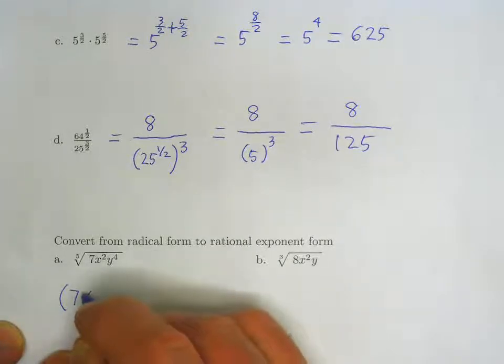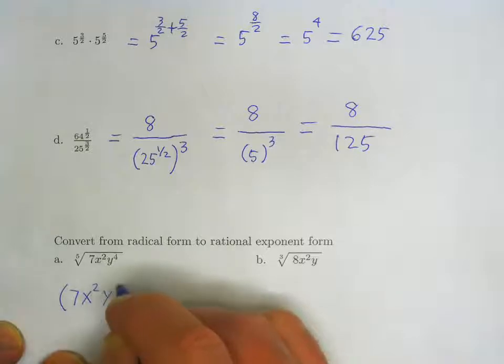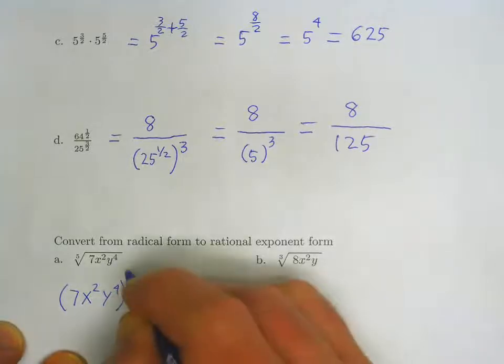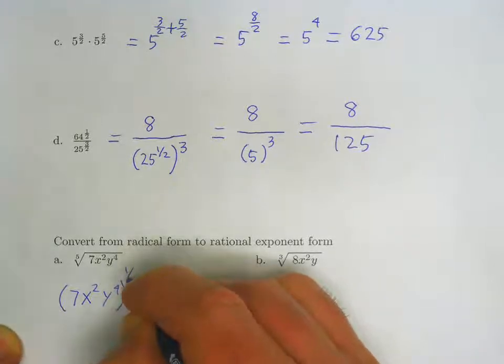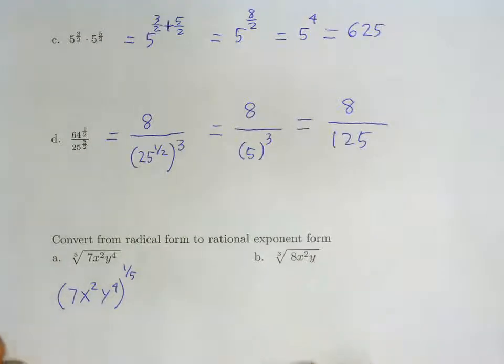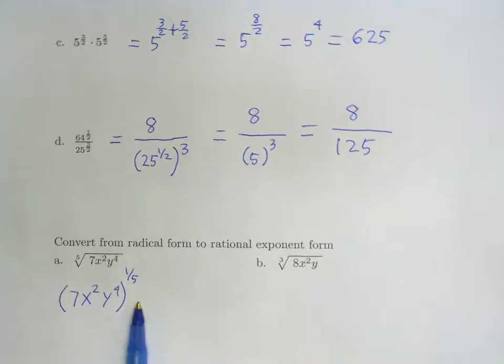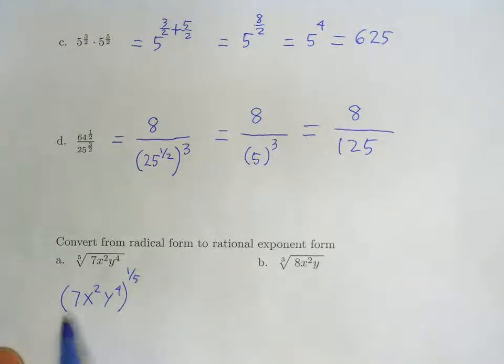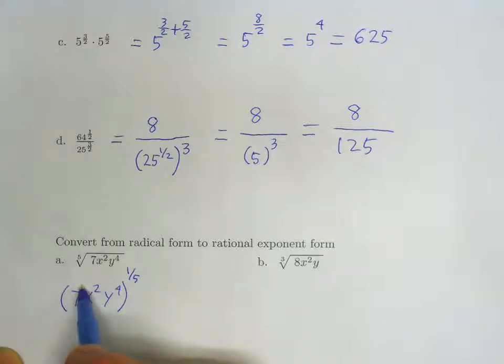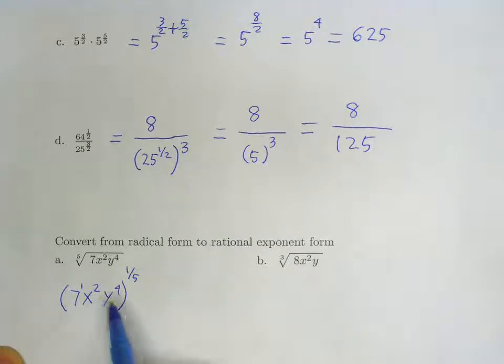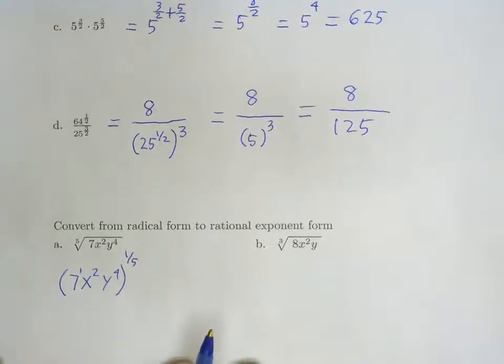So we have 7x to the second y to the fourth in parentheses, and the outer exponent is 1/5. And then using one of the properties of exponents, first, think of 7 as 7 to the first. You don't have to write the exponent 1, but it might help you remember.